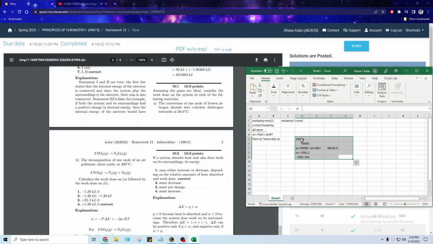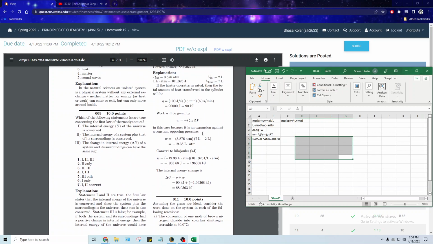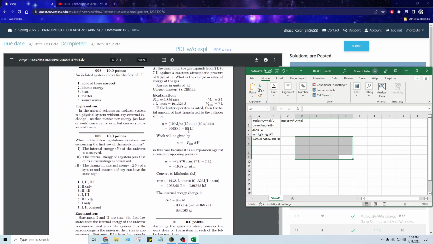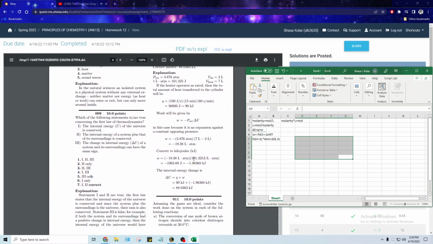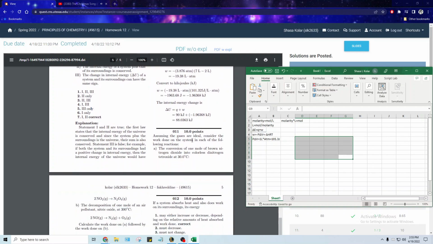I'd assume just use 100 joules to equal 1 liter atmosphere, since that's what they seem to be doing here, instead of 101.3. Wait, no, sorry. I'm just going to use 101.3. That seems to be correct. Sorry, I'm a little bit wrong occasionally.